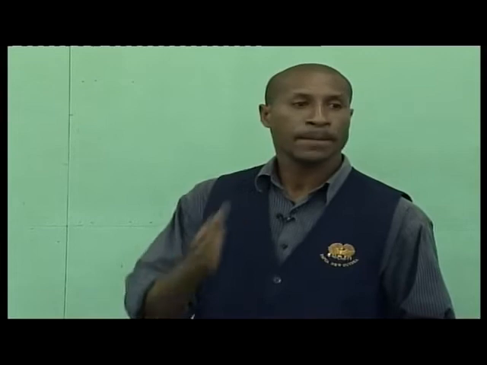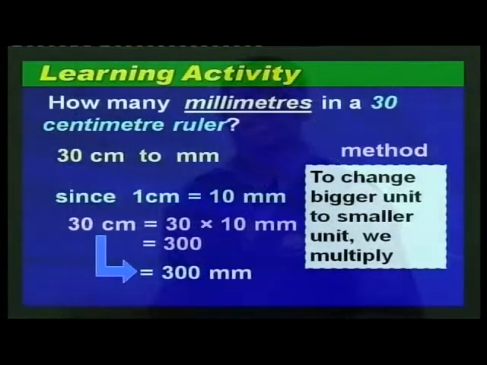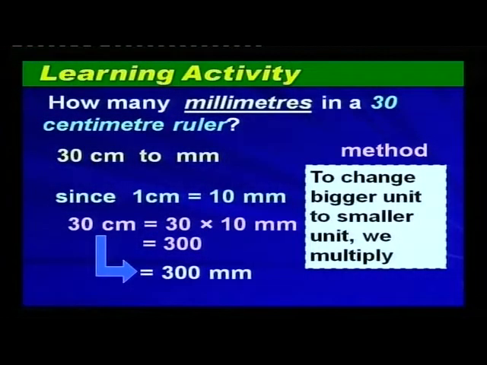So, in this example here, we are trying to change bigger unit, which is centimeter, to smaller unit, which is millimeter. So, when you are changing the units of length from bigger to small, you multiply. So, that is the method. So, class, 30 centimeters is equal to how many millimeters? 300 millimeters.